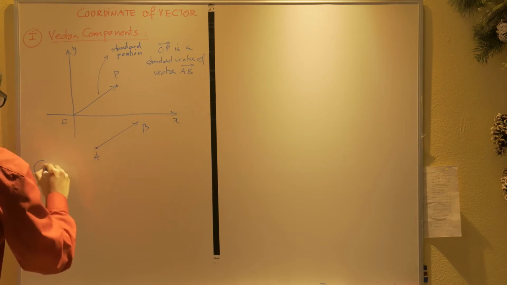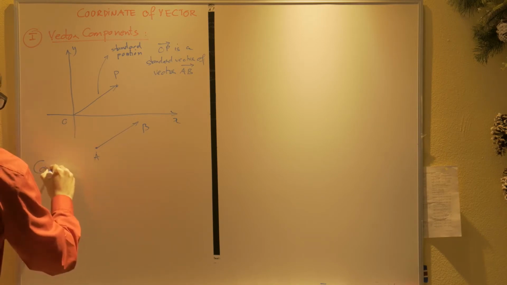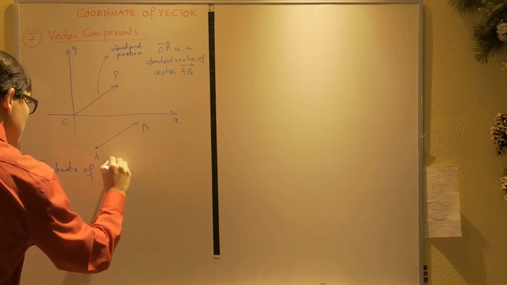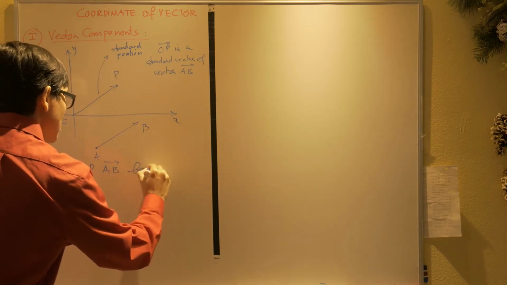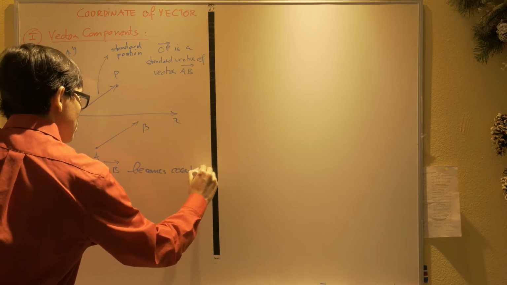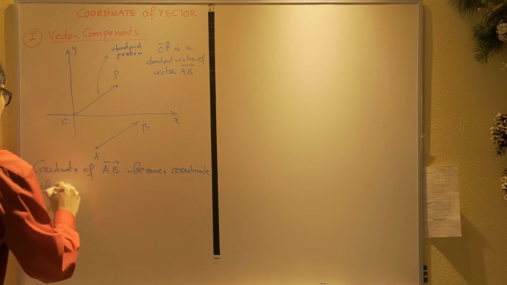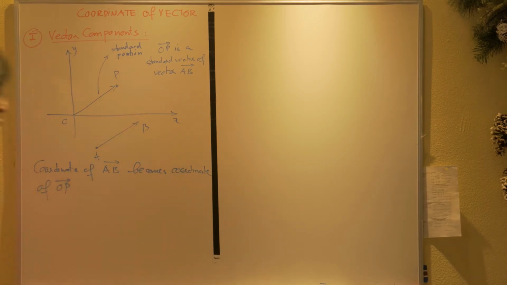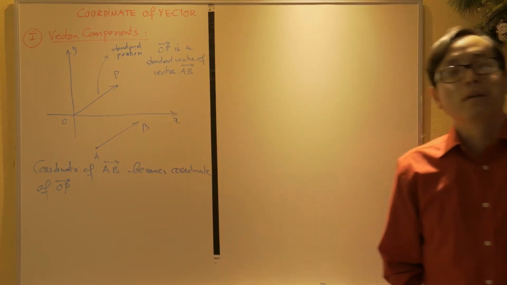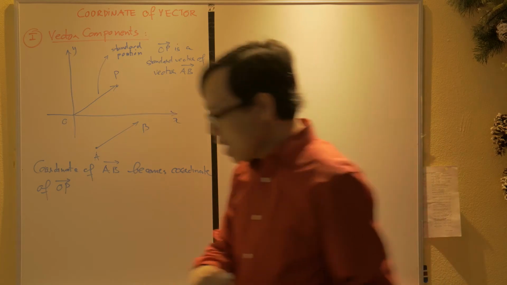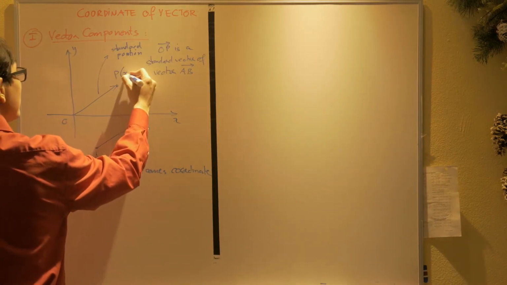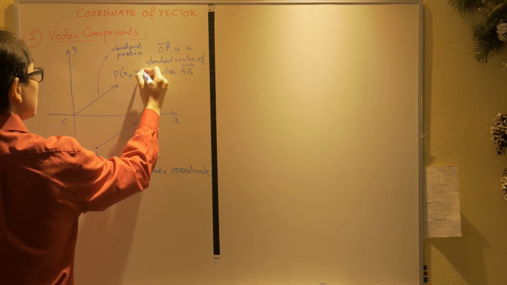Coordinate of vector AB becomes coordinate of vector OP. You know that the coordinate of point O is the origin, 0, 0. And the coordinate of point P, I call it XP and YP, for example.